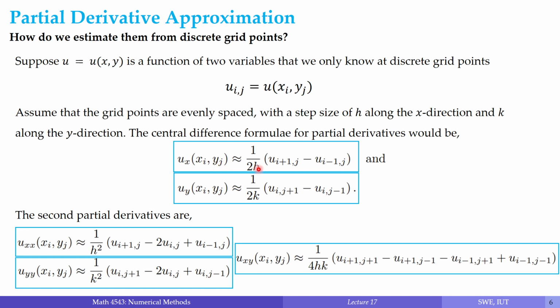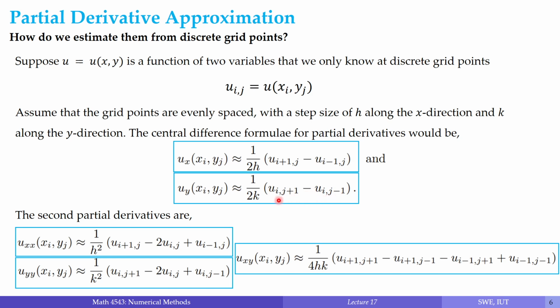And for the partial derivative of u with respect to y at the same point, it would look roughly similar, right? Instead of changing i, we are going to change j. So u sub i comma j plus 1 minus u sub i comma j minus 1.